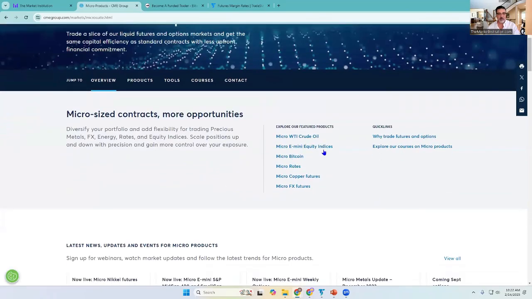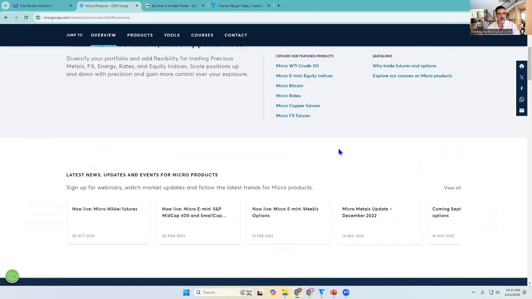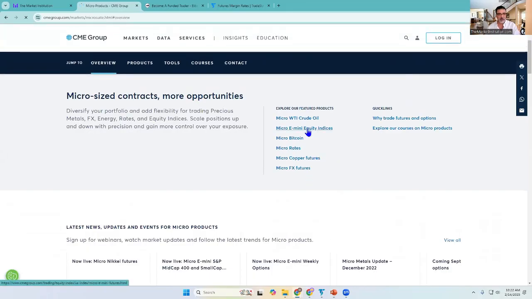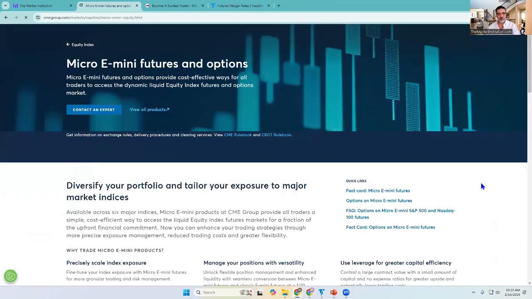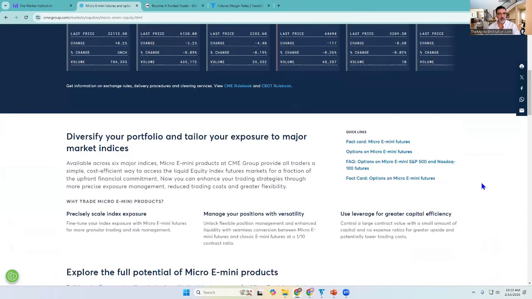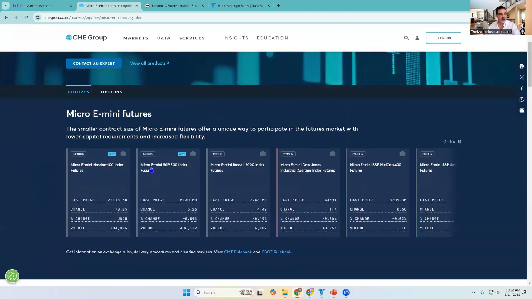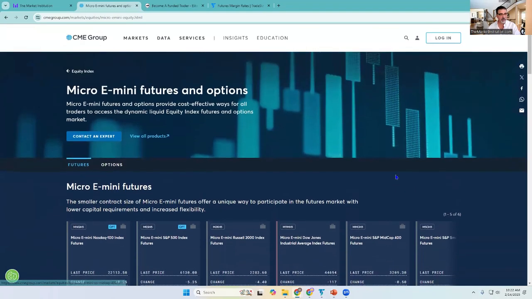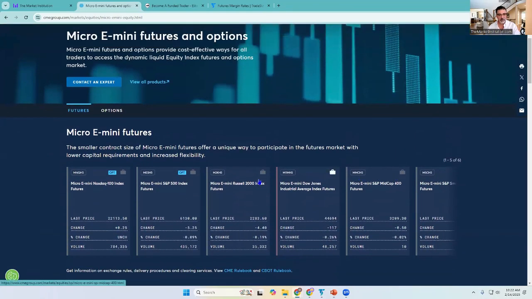You can see they have micro crude oil, micro equity indices, micro Bitcoin, micro rates, copper, micro FX futures. As you start scrolling down, let's start with the equity indexes for the micros. Then you can click on any of these and get a breakdown of the different futures product. We were just looking at the micro Russell.